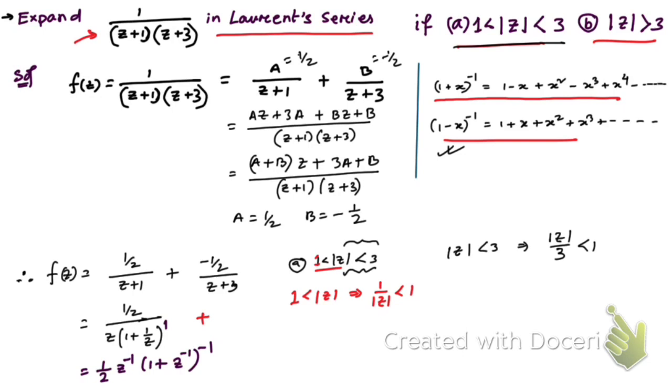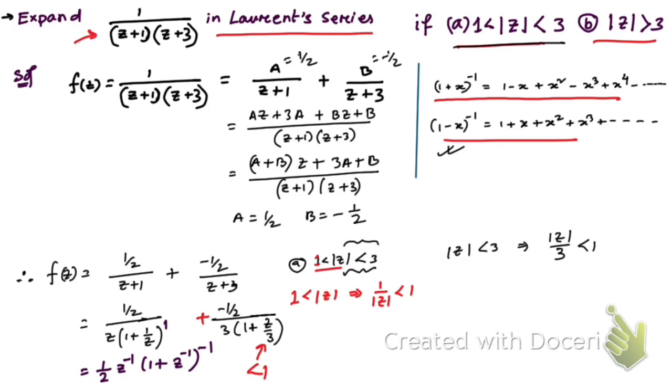If you take 3 common, then you're going to have minus half, and on taking 3 common, z by 3 plus 1. Instead of writing this way, let me write 1 plus z by 3. Remember that this part must be less than 1.